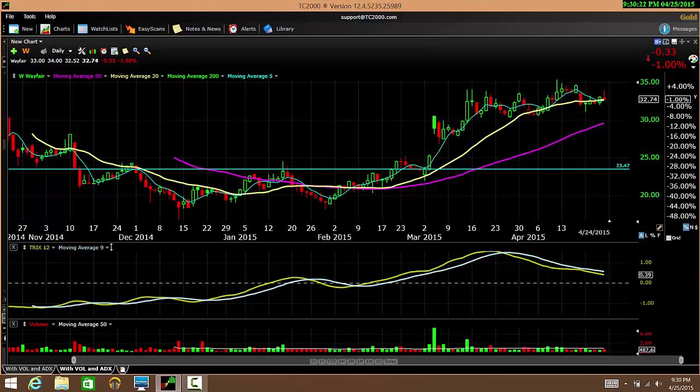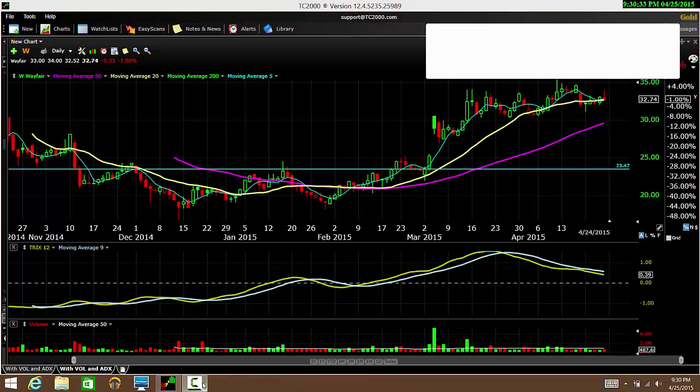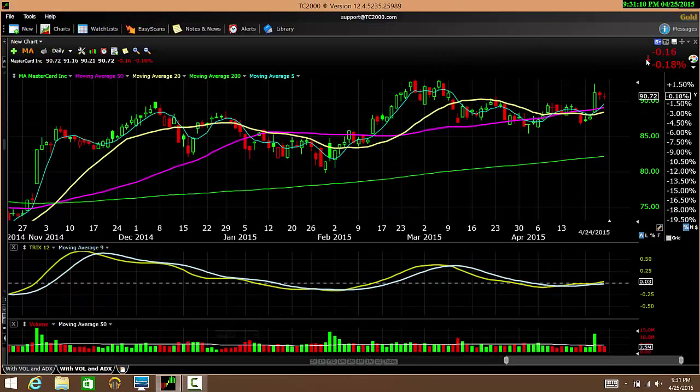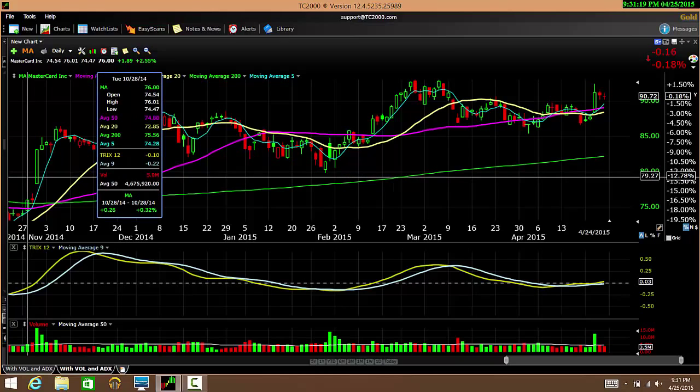Okay, and here is a chart of W. You get a buy signal here for a nice $7 move. And here's a chart of MasterCard. And you get a buy signal here.